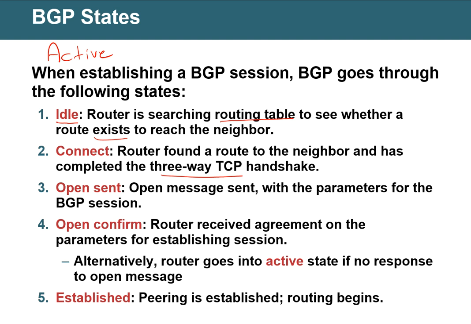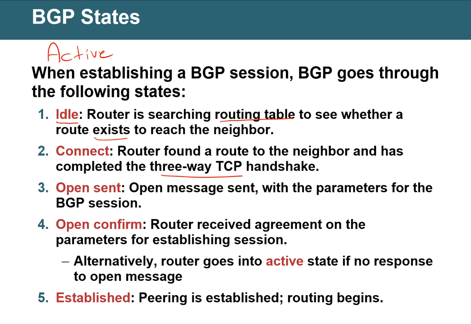When those parameters are acceptable by the receiving router, it will send open confirm to establish session. If something is not properly configured, open confirm will not be sent, rather it will go to active state.